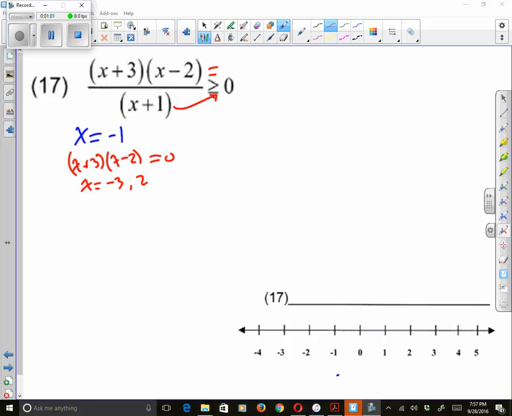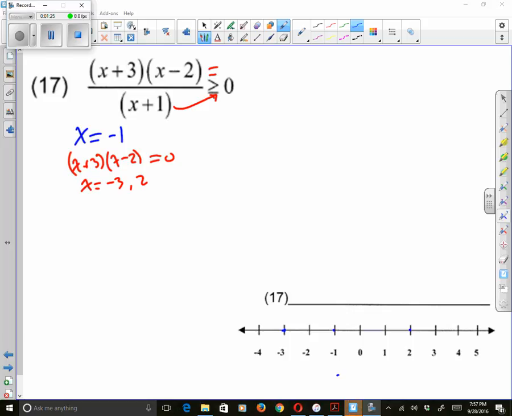So not only do I have an asymptote at -1, but the graph is going to cross the x-axis at -3 here and at 2 here. So I've got things sort of split up in 4 different sections.